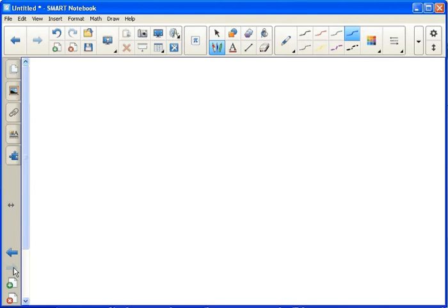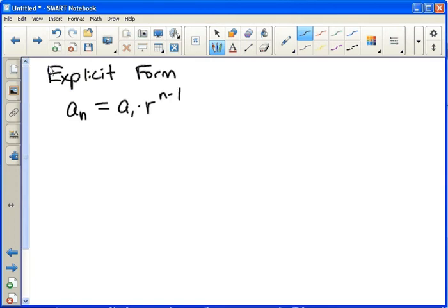Okay, let's look now at the general forms of these equations. First, the explicit form for geometric: an equals a1 times r to the n minus 1. So a1 times your common ratio raised to the n minus 1.